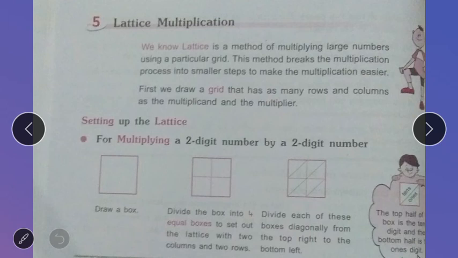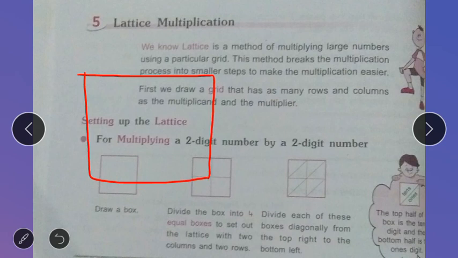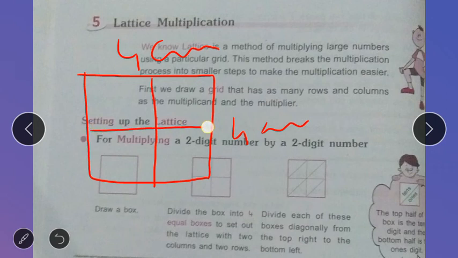First of all, you have to draw a box. That box should be square. If this side is 4 centimeters, then this side also you take 4 centimeters. Then divide that box in two equal parts, that is 2 centimeters each. Then this side also you have to draw a line, one vertical line and one horizontal line.